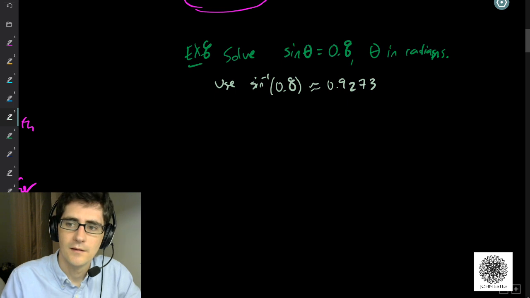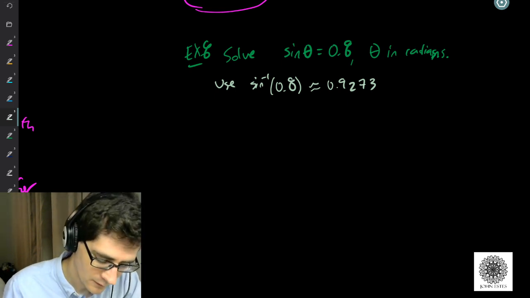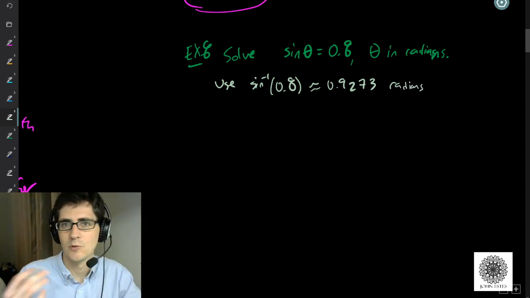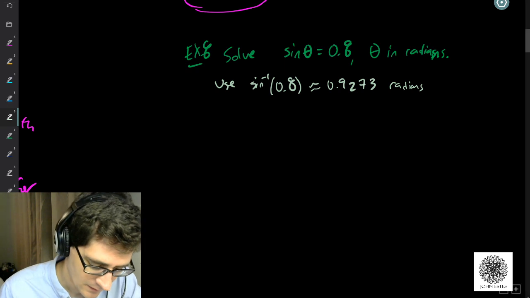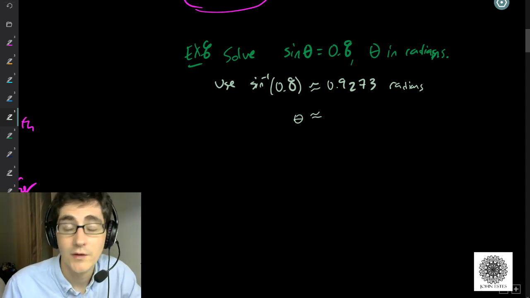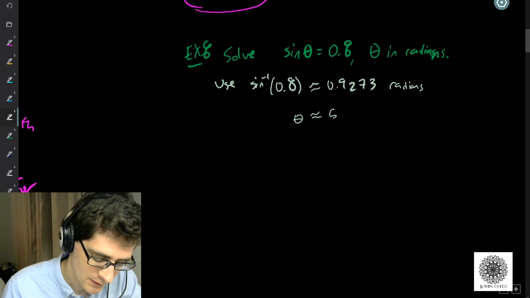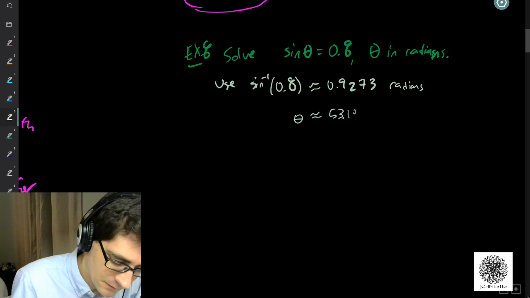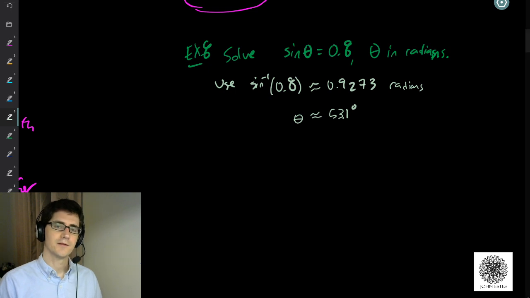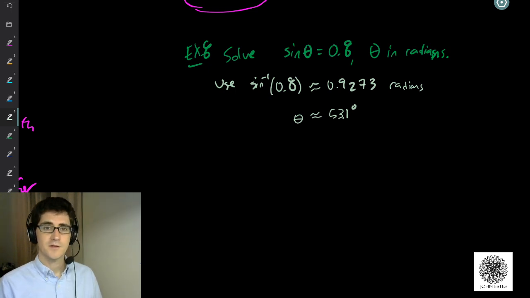Now that is in radians, which is what we want, but just to help us feel a little more comfortable with degree measures, theta is approximately, converting 0.9273 into degrees, 53.1 degrees. So that is definitely a first quadrant answer, and we knew it needed to be a first quadrant answer because sine inverse of a positive number is going to give me a first quadrant answer.